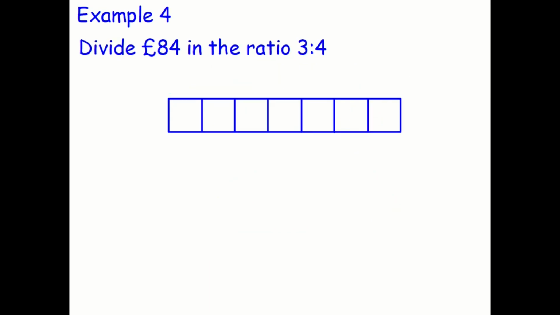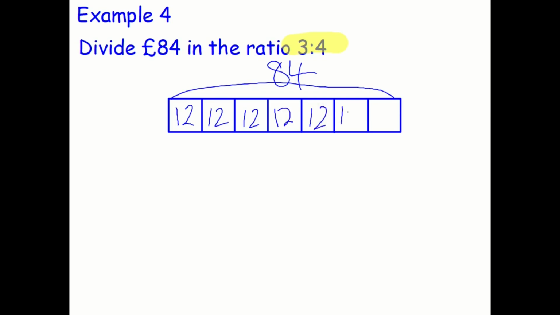Example number 4, divide £84 in the ratio 3 to 4. I've added those ratios together to give me 7. So I'm splitting £84 between these 7 boxes, which means I get 12 in each box, because 84 divided by 7 is 12.